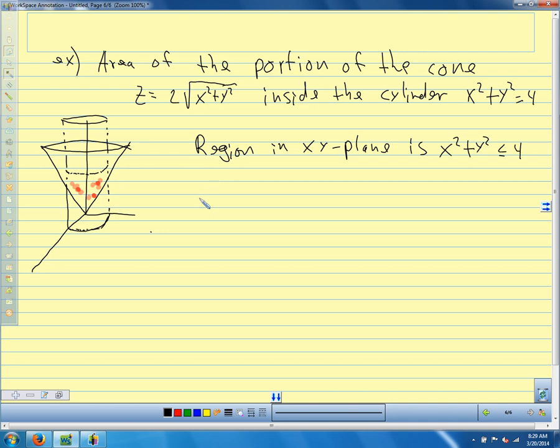Now we need our partial derivatives. So the partial with respect to x, I get 2x times x squared plus y squared to the negative 1 half.